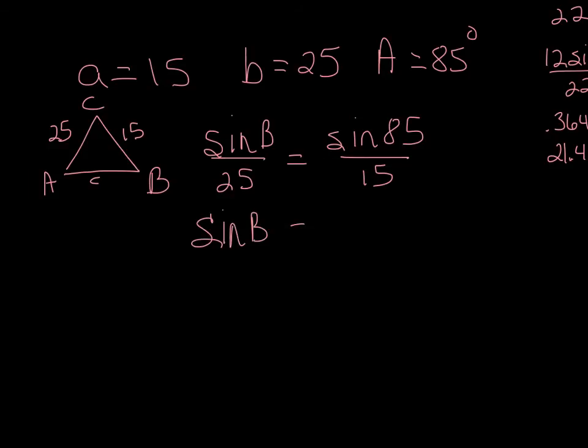So if you multiply 25 times the sine of 85 and divide that by 15, what do you get? Sine B. What number do we get? 1.7.